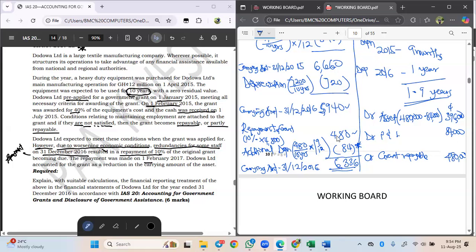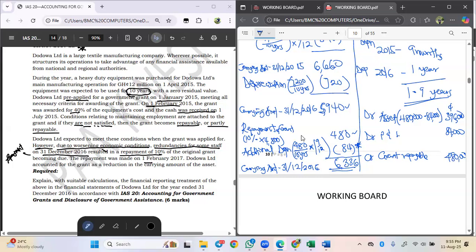This is what we have. They didn't give us the deferred income balance. The grant repayable, into cash or bank, is the amount you are supposed to pay.